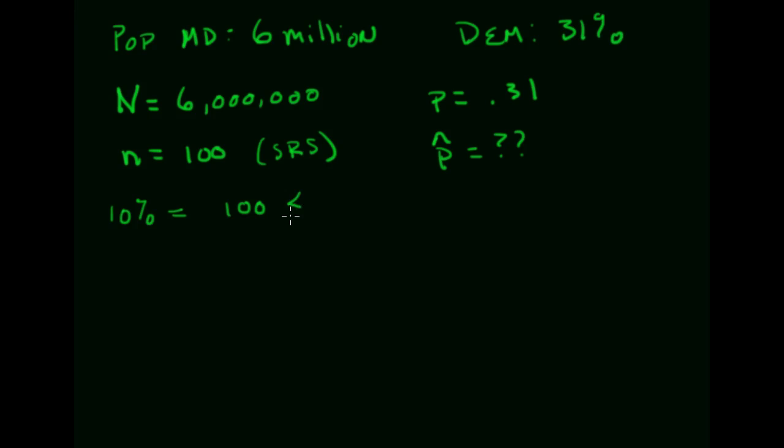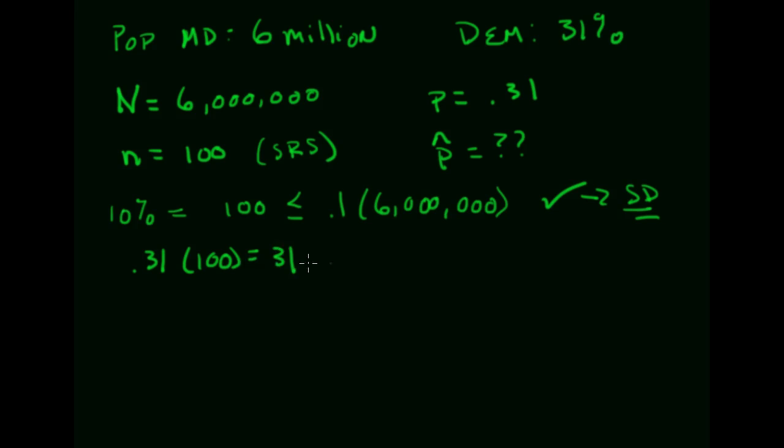100 is clearly less than or equal to 0.1 times 6 million, so I have met the 10% condition, and my calculations of the standard deviation are going to be pretty good. If I take 0.31 times 100, that's 31, which is bigger than 10. If I take 1 minus 0.31, which is 0.69, times 100, that's 69, which is also greater than or equal to 10.